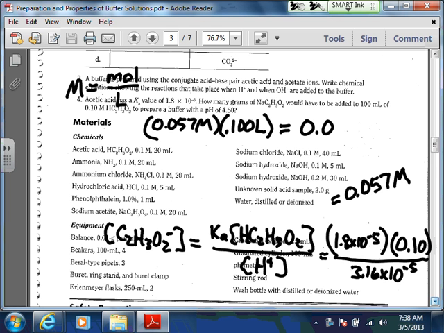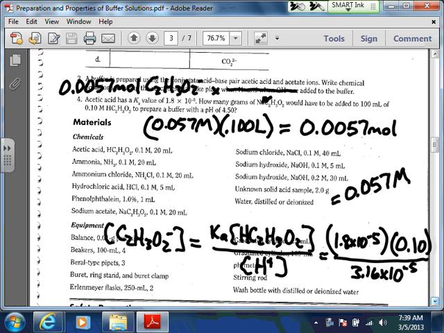So 0.0057 moles of the acetate ion, okay. So once we know that, we can take that 0.0057 moles of C2H3O2 minus, and then just do a little stoichiometry or dimensional analysis here, I guess.